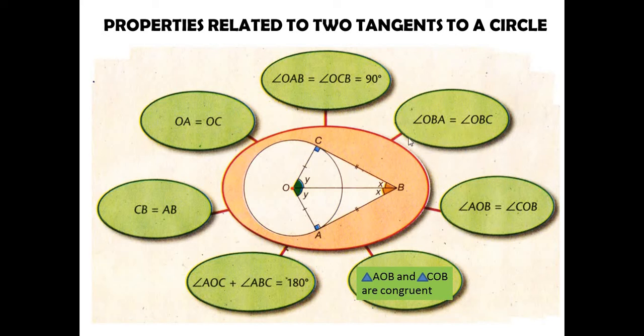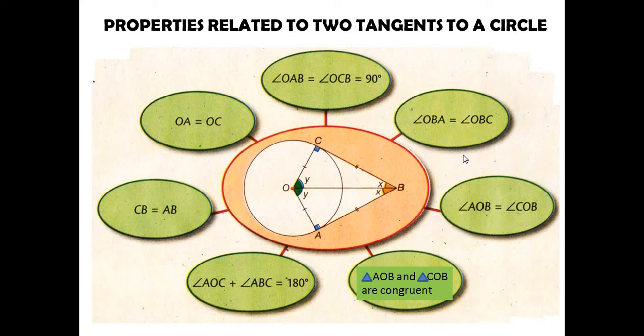Angle OBA equals angle OBC. And then angle AOB and angle COB, these two are the same angle. Triangle AOB and triangle COB are congruent.